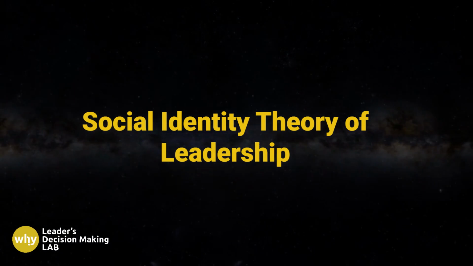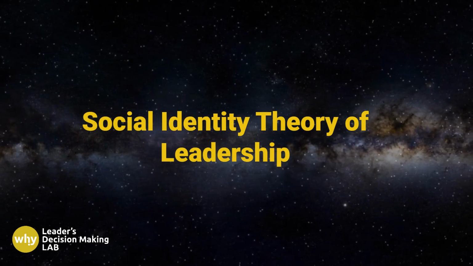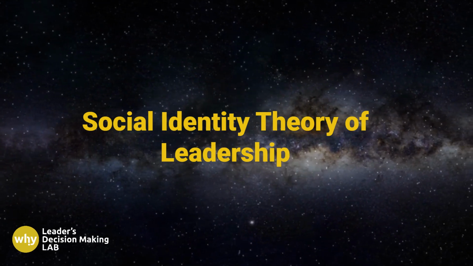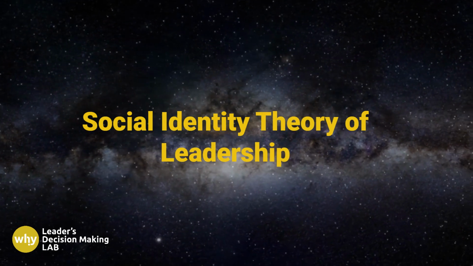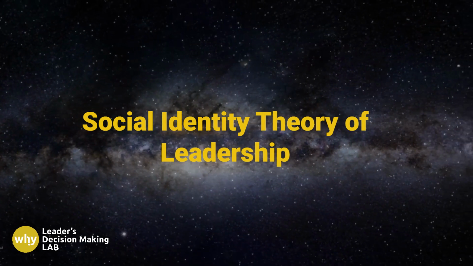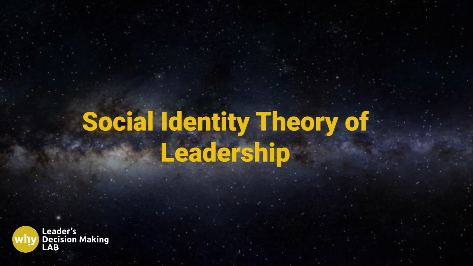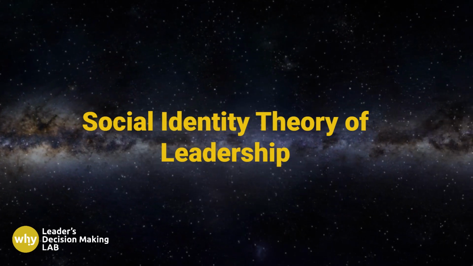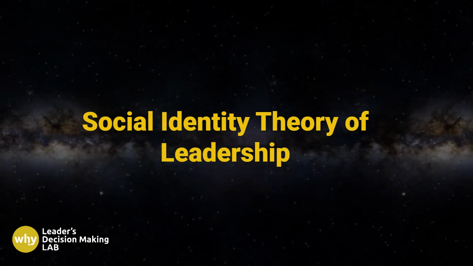The social identity theory of leadership suggests that to be open to each other's influence, individuals need to recognize not only their personal identities, I and you, but also their shared social identity, we and us. Leaders' ability to influence others depends on their engagement with a social identity that is shared by both leaders and followers.